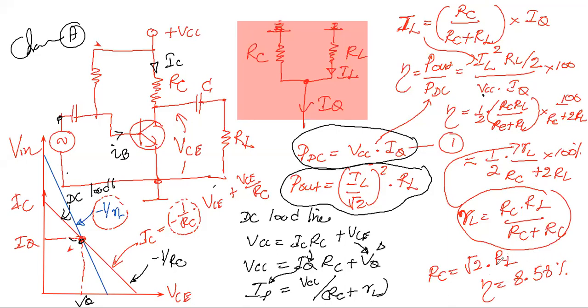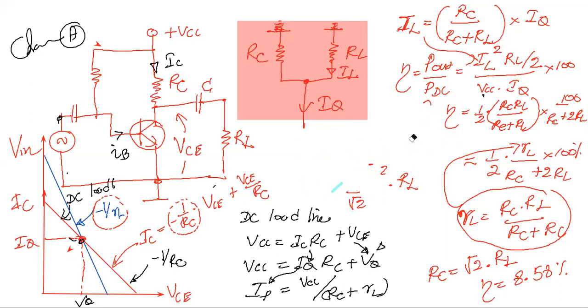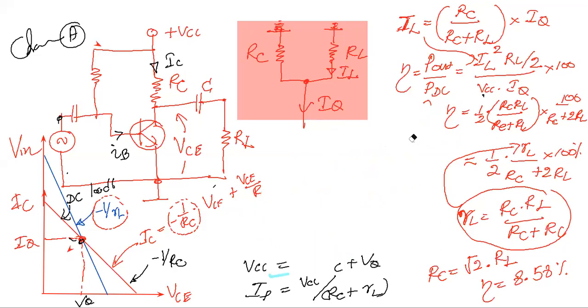I'll explain why I put this one. I will check how to maximize the eta. To maximize the eta, I'll think about this one. I'll show you how to do that. So I substitute here RC equal root 2 into RL.